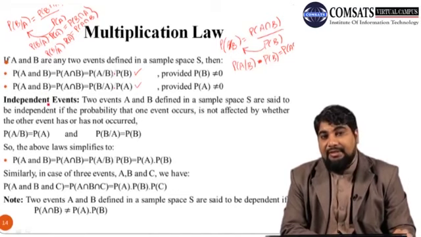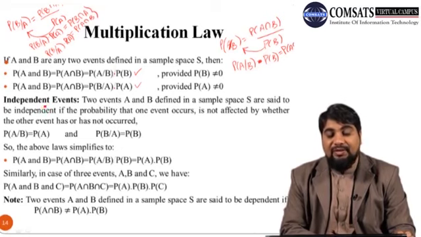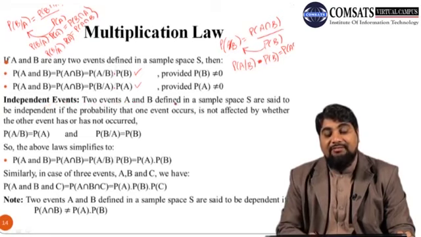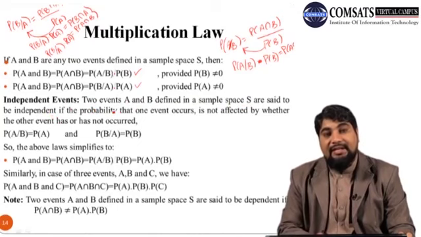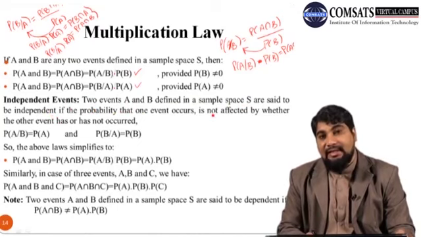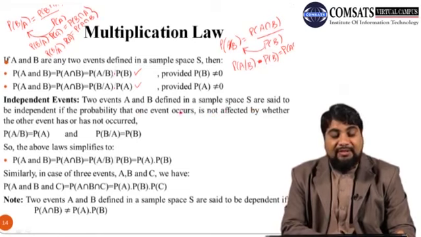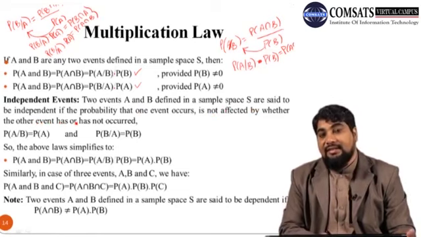So now we discuss one simple definition, related to independent events. Two events A and B defined in a sample space S are said to be independent if the probability that one event occurs is not affected by whether the other event has or has not occurred.